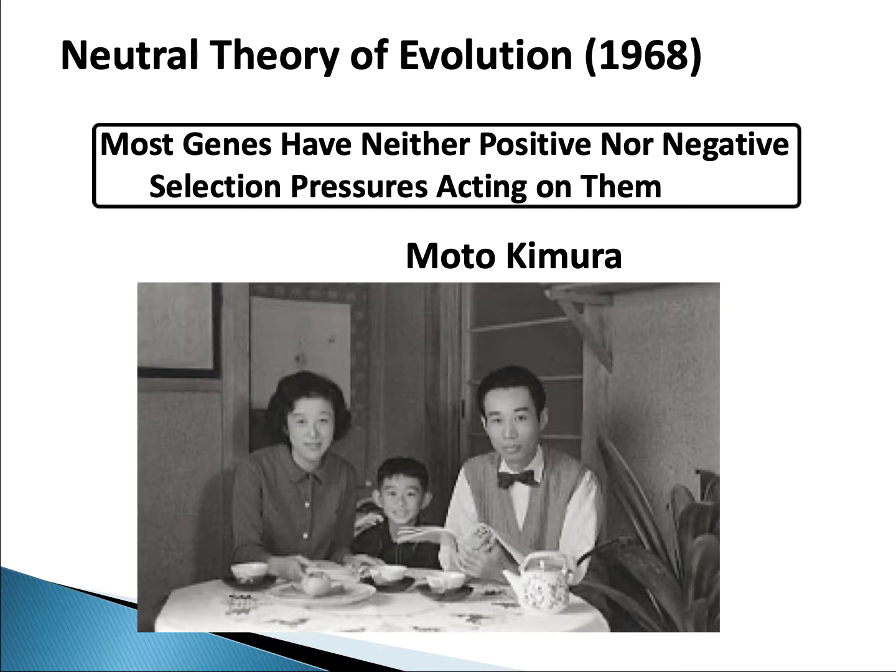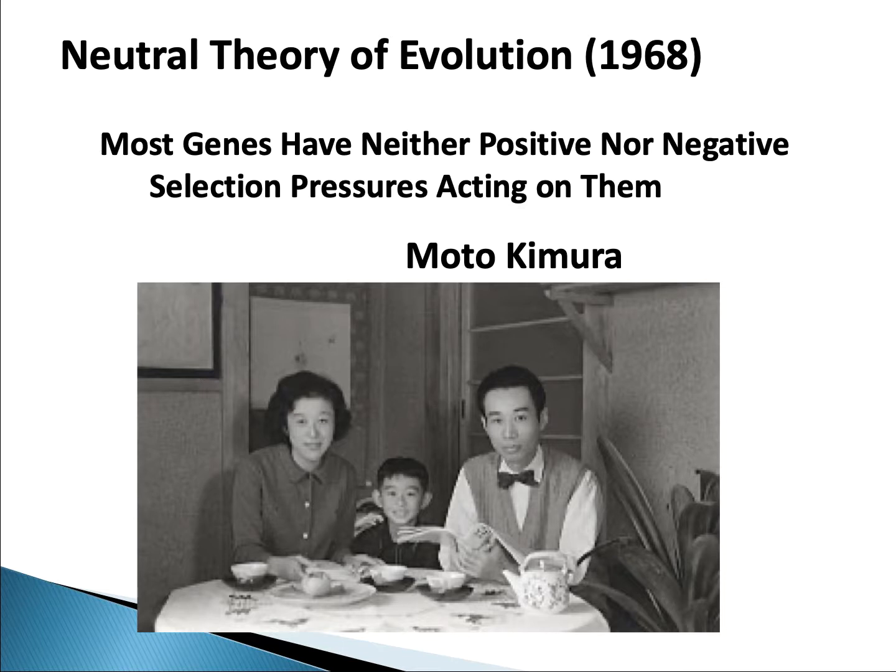And so this is what's called random genetic drift, where you have mutations constantly occurring. There's no selection on those mutations, either positive or negative, and so they can build up over time. And he determined that not only was this happening, but this was the major thing happening during evolution, that most mutations, 60, 70, 80%, had no effect whatsoever on the organisms or the evolution of those organisms.